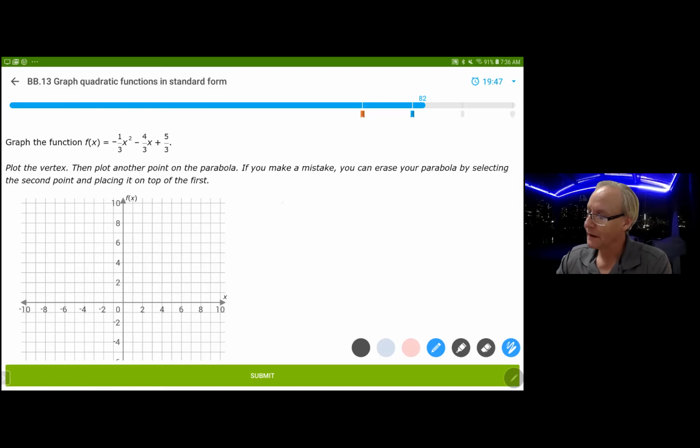But anyway, x equals negative b, which is negative 4/3, double negative there, over 2a, which is 2 times negative 1/3. Okay, so that's 4/3 divided by negative 2/3.